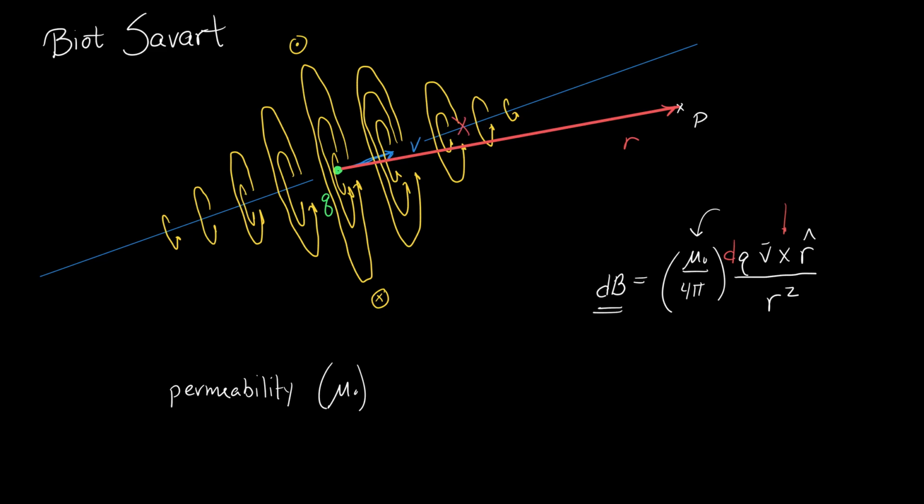Thus, the direction of R changes, V stays the same, but R changes as well. So we're going to see a change in the magnetic field as this point charge passes us. Using Biot Savart to figure out the magnetic field is very transient in nature because it only exists for that instant when the particle is located right there. And then it's going to move the instant later, thus changing the size of the magnetic field.